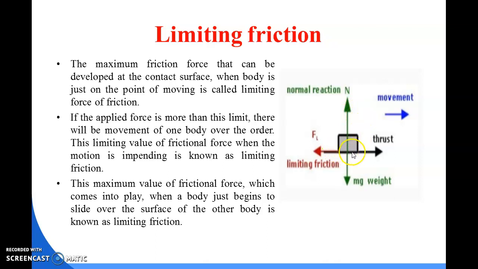At the point of contact surface, due to the force, the movement of the body is to the right side, and we know that the frictional force is always produced at this surface, which is always opposite to the movement of the body. So this is the free body diagram of all the reactions: weight, limiting friction and movement.